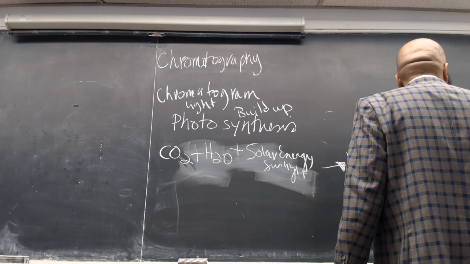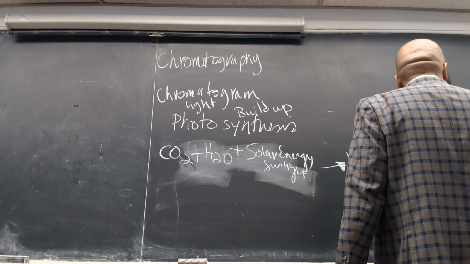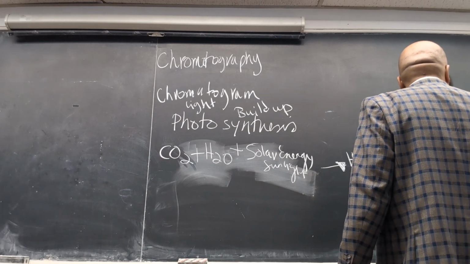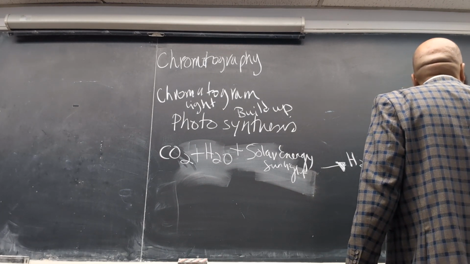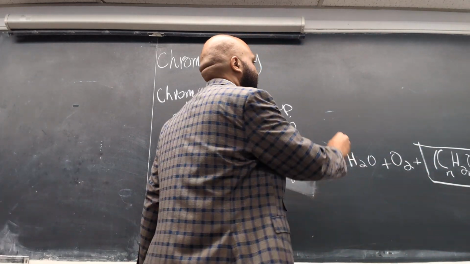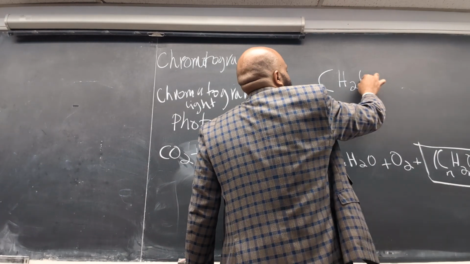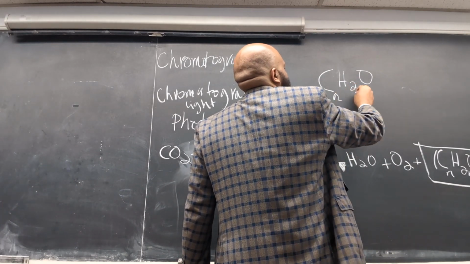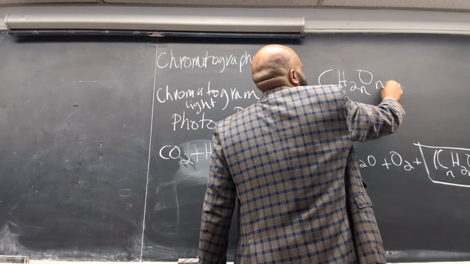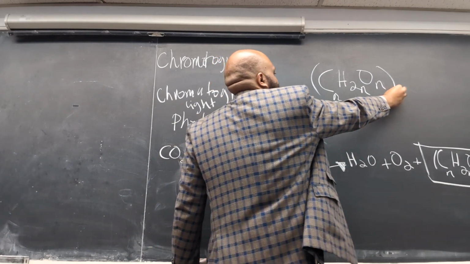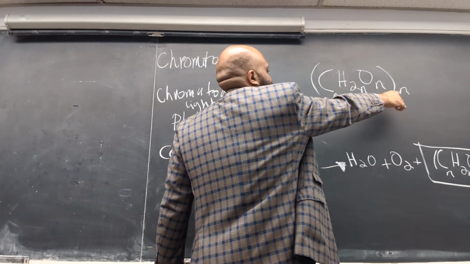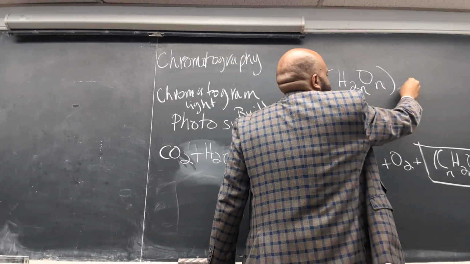So glucose looks like this. CH2O, n, multiplied by an n. This is the formula of all carbohydrates. So n is on the outside. For glucose, n is a 6.